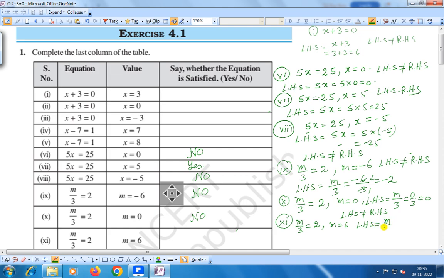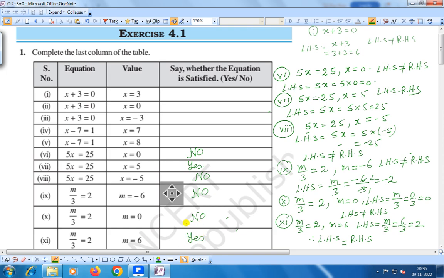M is 6, and 6 by 3 is 2. And right hand side is also 2. Therefore, left hand side is equal to right hand side. Therefore, it satisfies the equation, so the answer is yes.